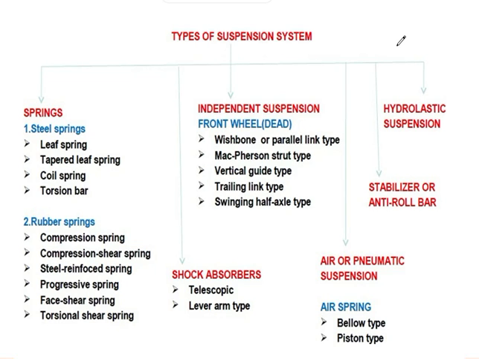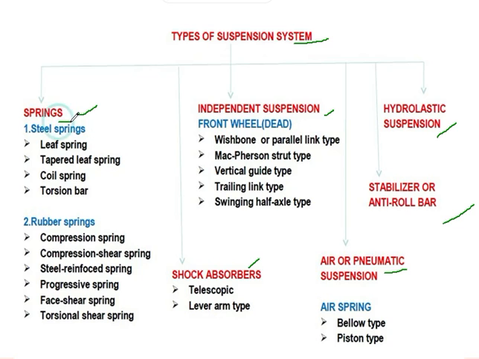Let's discuss the various types of suspension systems. There are three types of suspension systems: springs, independent suspension and shock absorbers, air or pneumatic suspension, stabilizer or anti-roll bar, and hydroelastic suspension.